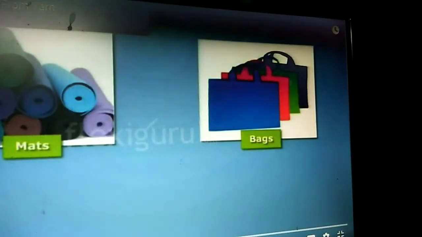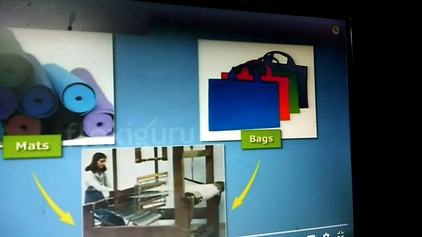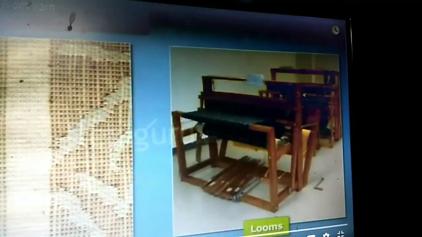Making of fabric from yarn. Children, now let us know how fabric is made from yarn. Fabric is made by weaving and knitting the yarns. Let us know how they are made. See these mats or these bags. These are made by weaving the yarns. Weaving of fabric is done on looms.